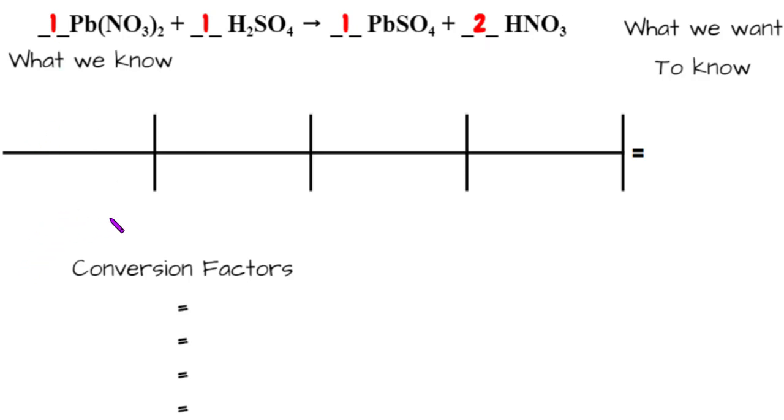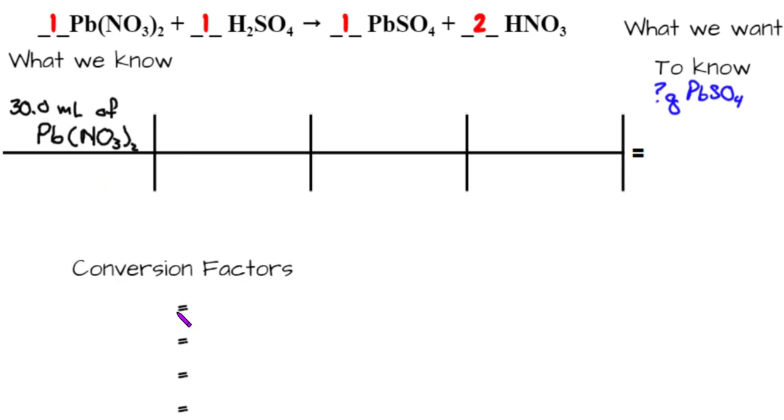Okay, so calculate the mass. The thing that we want to know in the end is question mark grams of PbSO4. The thing that we know is we have 30 milliliters of Pb(NO3)2.